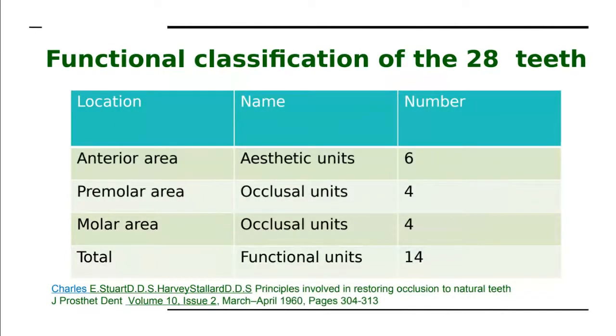We have the aesthetic units, which are the anterior teeth, the central, lateral, and canine, and we have the occlusal units, which consist of premolars and molars. So we have 4 premolars and 4 molars on one side. This is how we have 14 functional units in the mouth on one side of the arch, right? So totally we have 28 teeth.